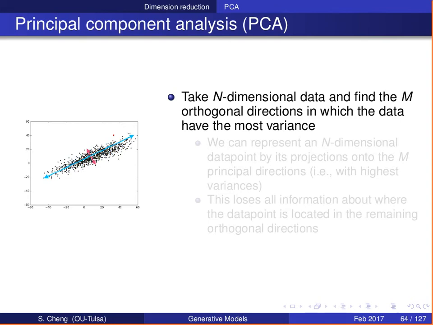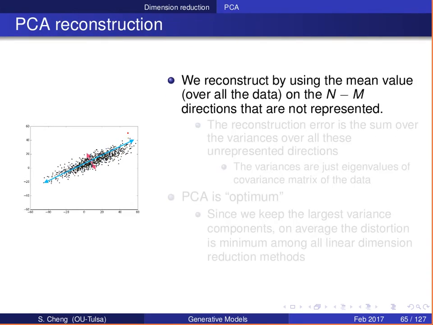You have data points as a distribution, and you want to find the axis along which the data have the largest variance, the largest scattering. Intuitively you can think of going one axis at a time, but in practice you can decompose the whole thing with SVD, singular value decomposition.